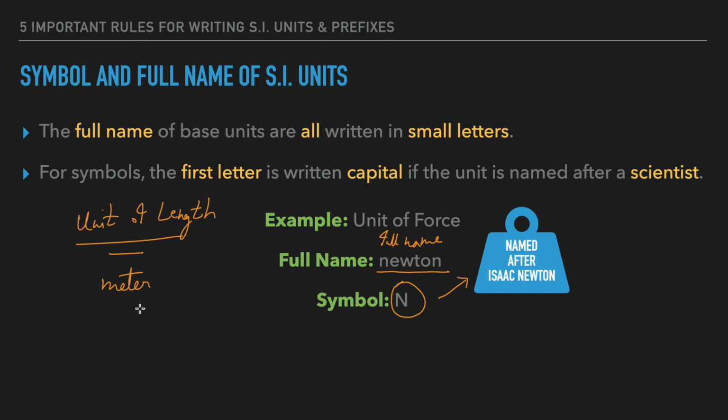Meter is not named after a scientist, so it's written as only a small m, and the full name is always written in small letters. So I hope you get the idea. The first letter of the symbol is written capital only if it's named after a scientist, and the full names of SI units are all written in small letters.